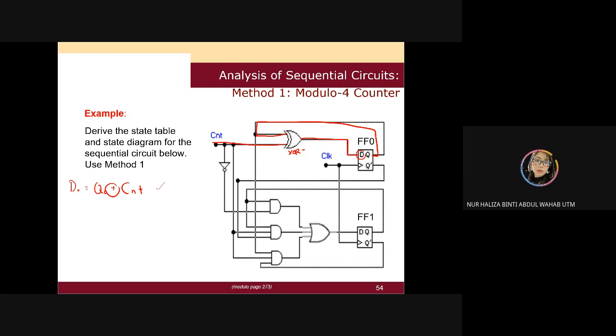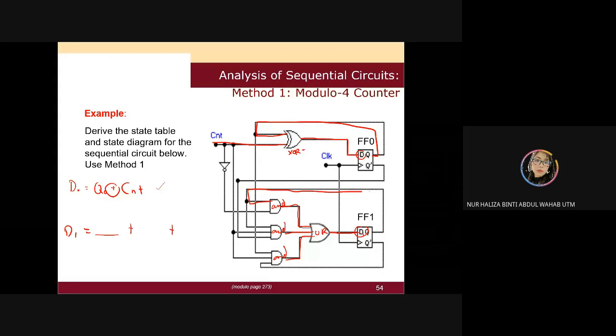Next, I will need to come out with my D1. My D1 will be connected to the OR gate here, and all the OR gate inputs are connected to ANDs. So you can see it's all AND here. And this first AND, we're going to have like this plus, isn't it? So there is the first AND. Let me check.